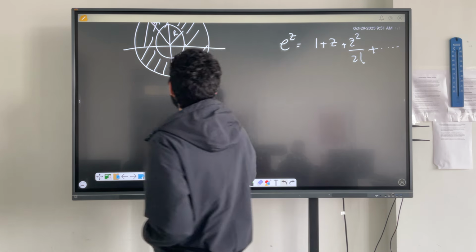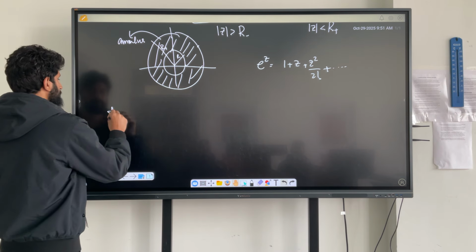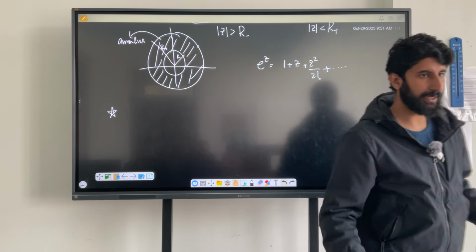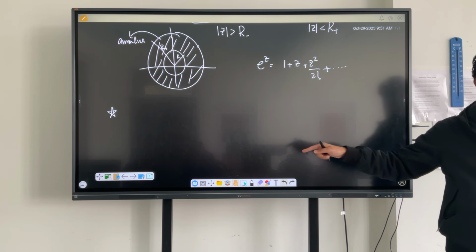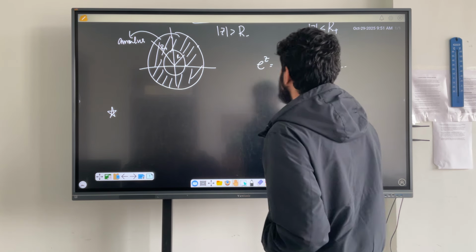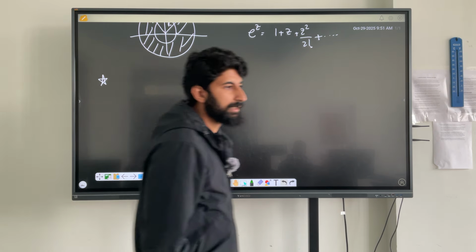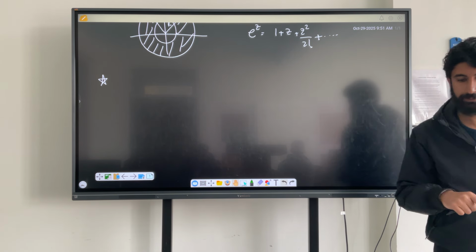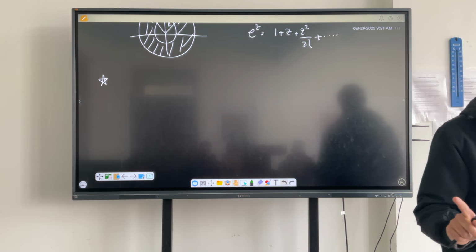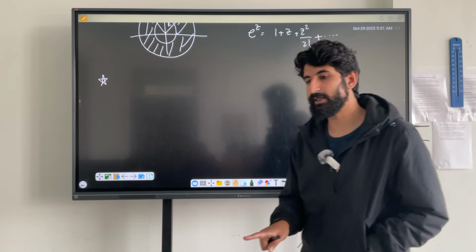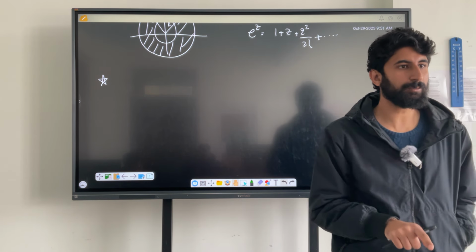Now let's move ahead. I'll use this idea in what we are going to do now. Let's try expanding a function, because what did we do so far? We expanded an analytic function, and we expanded a function which is analytic everywhere except at one point, z equal to 0, where we are expanding.